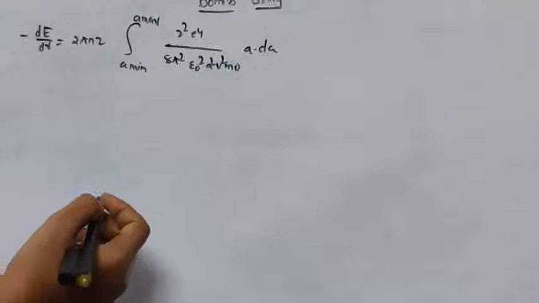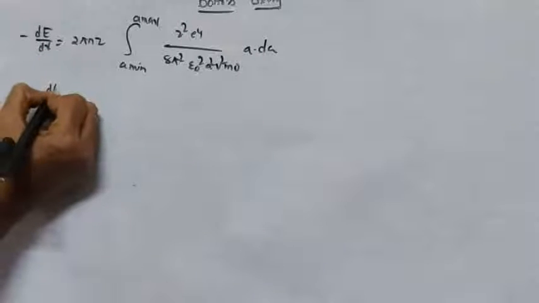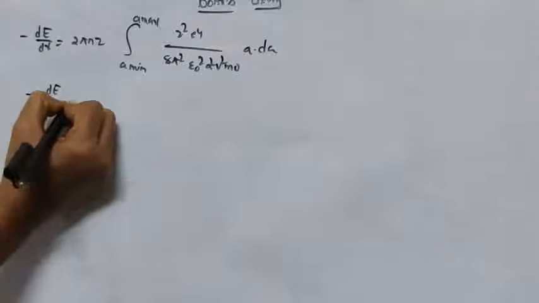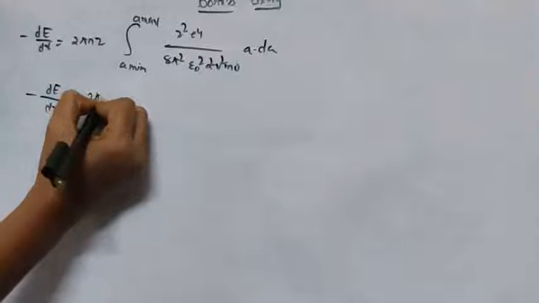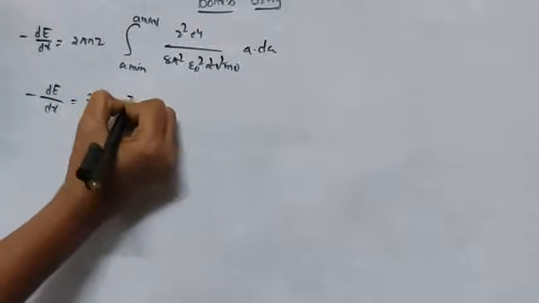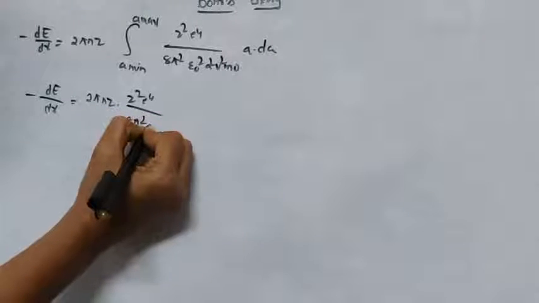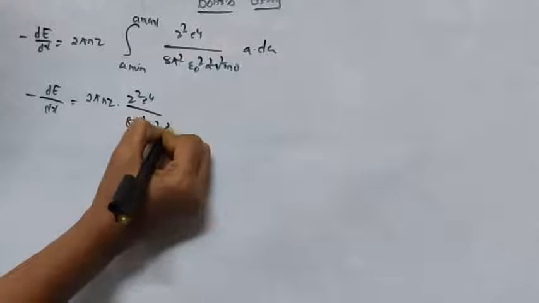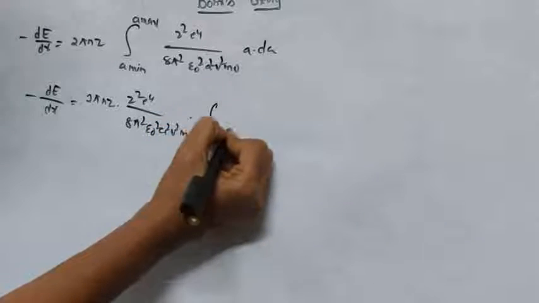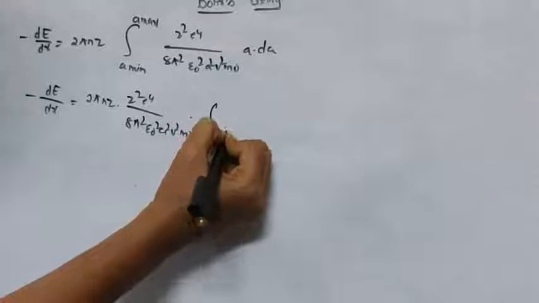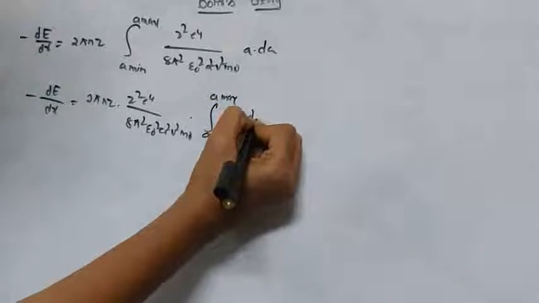So from this equation we are going to bring this whole term out of the integral. Then what will we get here? Minus dE by dx is equal to 2 pi nz, like that only, z square e power 4 by 8 pi square epsilon naught square a square v square into m naught into integral a minimum to a maximum a into dA.